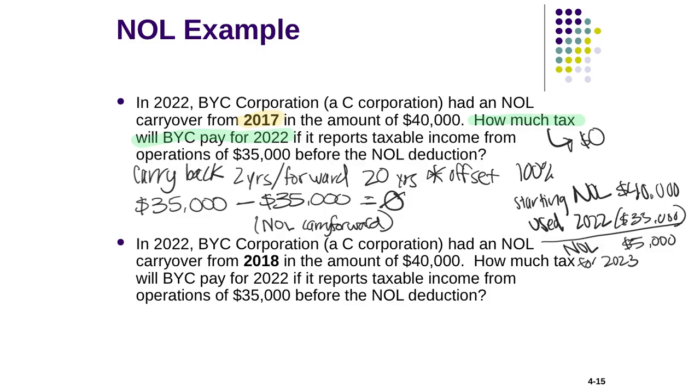Now let's look at the next one. So same exact information as above, but now our NOL year is 2018. And the question we still want to answer is how much tax will BYC pay for 2022?